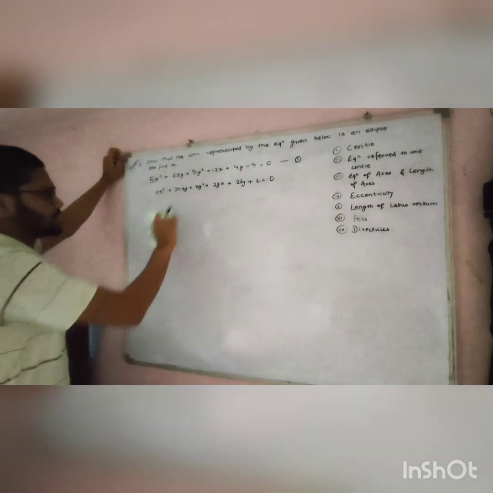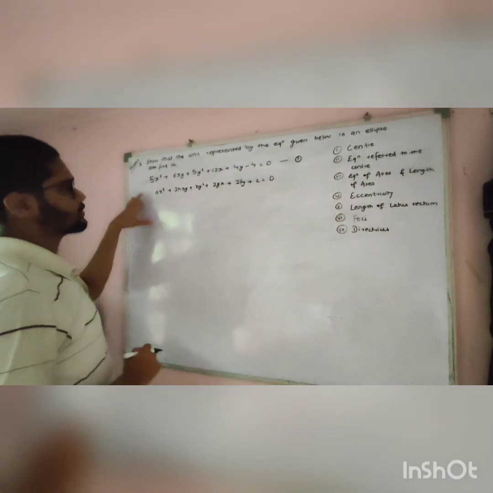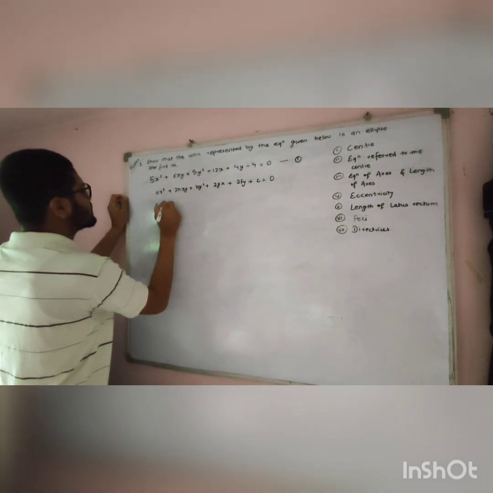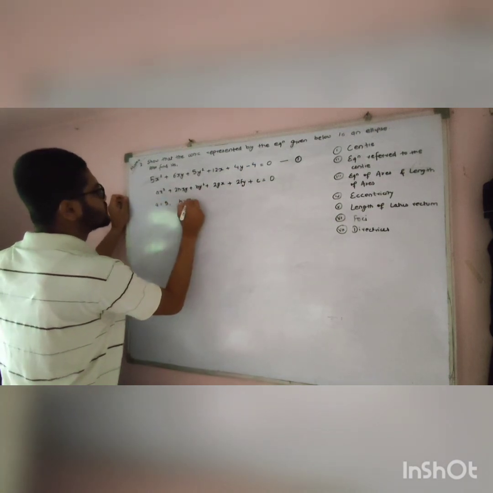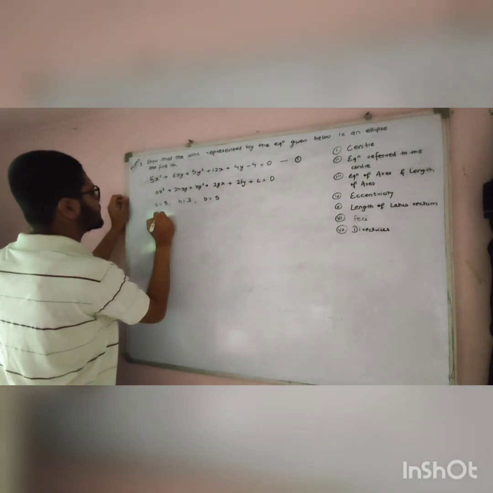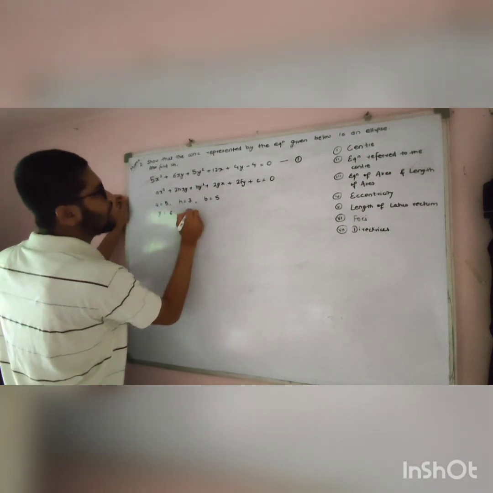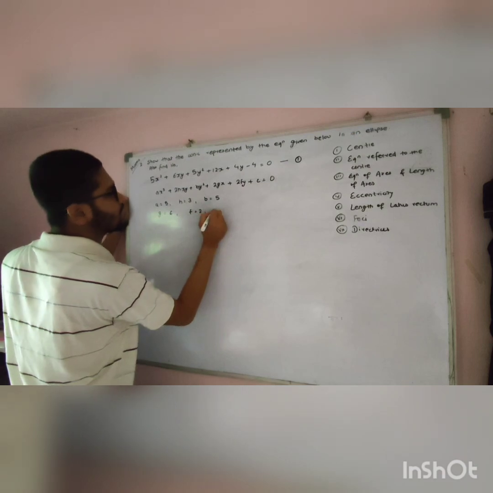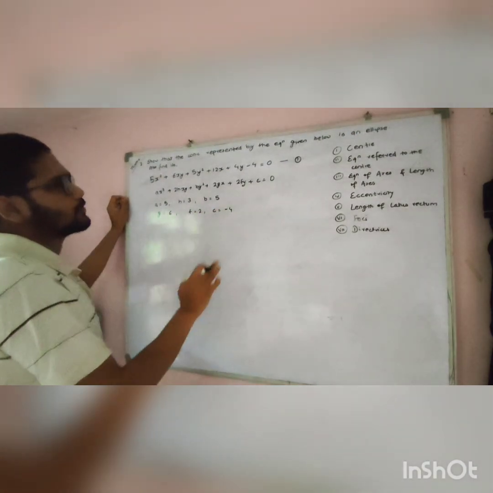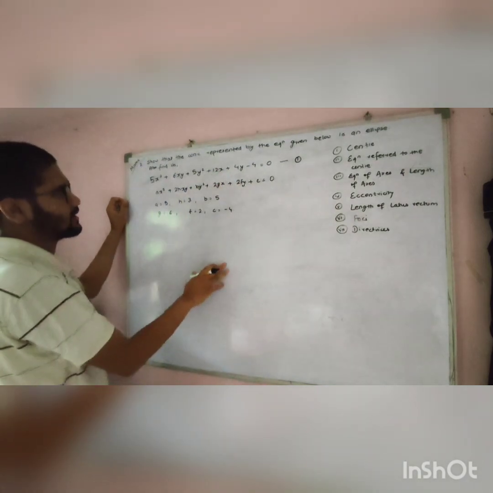I'm comparing equation 1 with this general equation. So we can write a equals 5, h equals 3, b equals 5, g equals 6, f equals 2, and c equals -4.